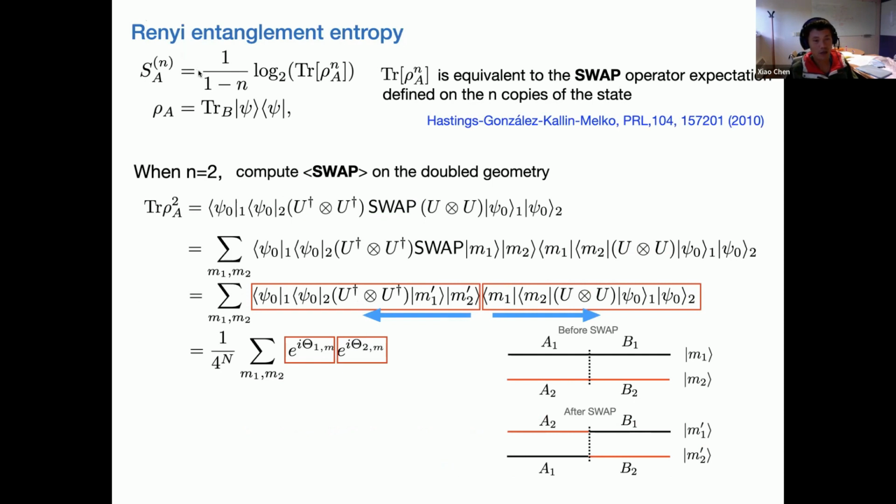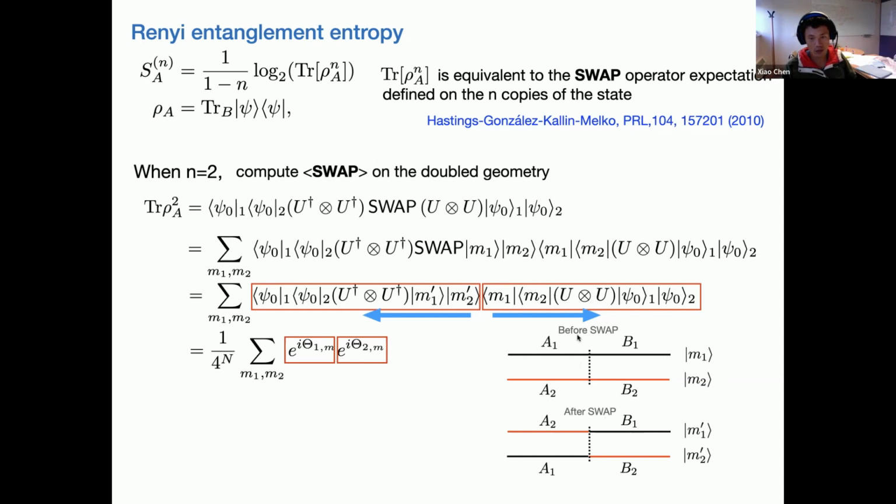In our case, we could take n equal to 2, so that we look at the second Rényi entropy. The second Rényi entropy is equivalent to computing the expectation value of the swap operator, defined on the doubled geometry. So we need basically two copies of the quantum state. This is a standard trick when we compute the second Rényi entropy.